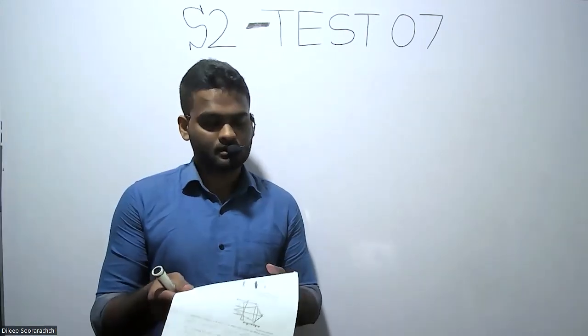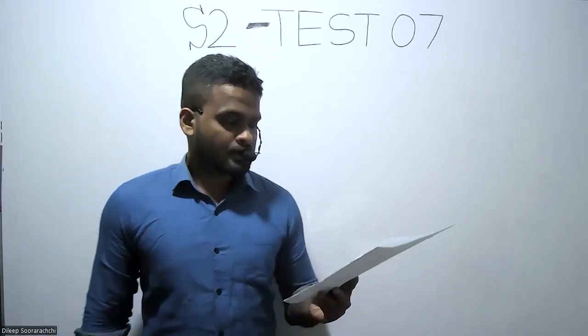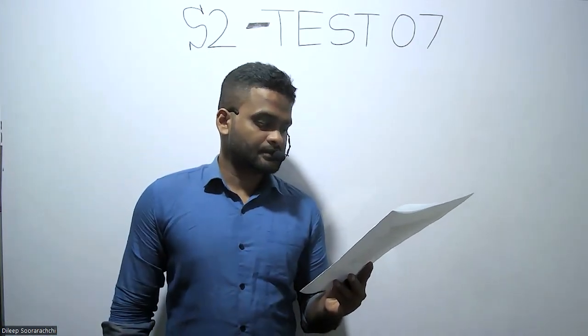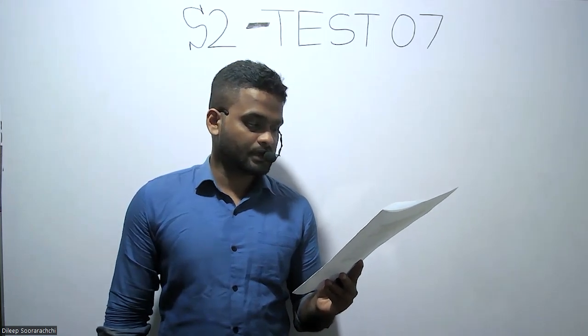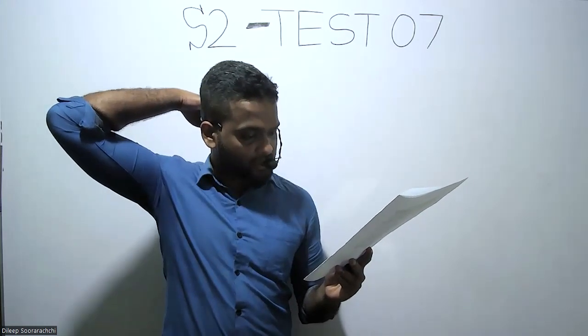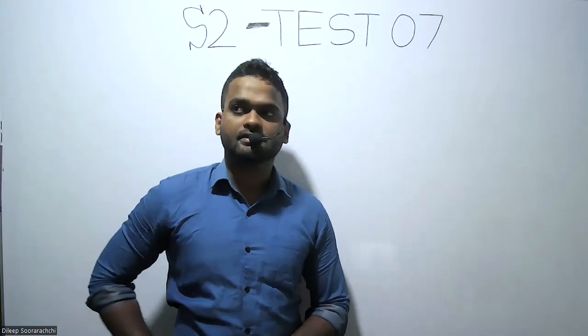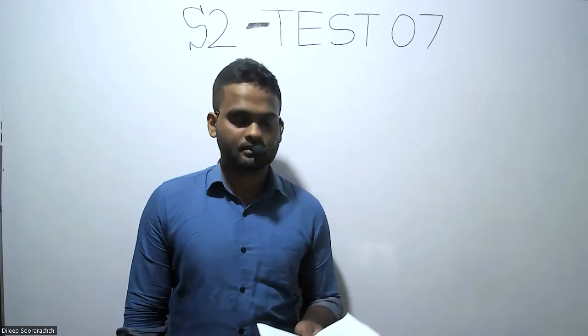10th question. Between an object and a screen at a gap D, a convex lens with focal length f is placed. When D is greater than 4f, equal to 4f, or less than 4f, the number of instances that can form an image on the screen, in order. Okay, so this is another type of question.